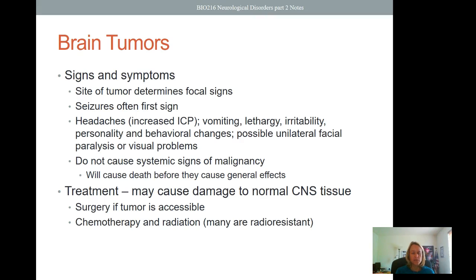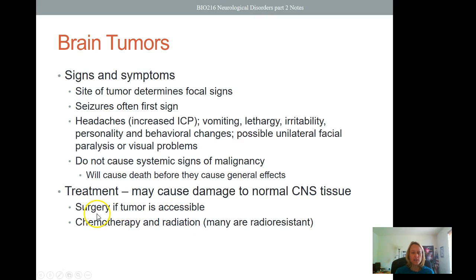Signs and symptoms: the site of the tumor is going to determine the focal signs, what part of the brain is affected. Seizures are often a first sign, along with headaches due to increased intracranial pressure, vomiting, lethargy, irritability, as well as personality and behavioral changes. You can have unilateral facial paralysis or visual problems due to damage on the side that's affected.